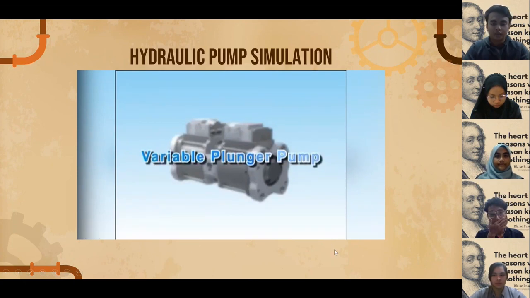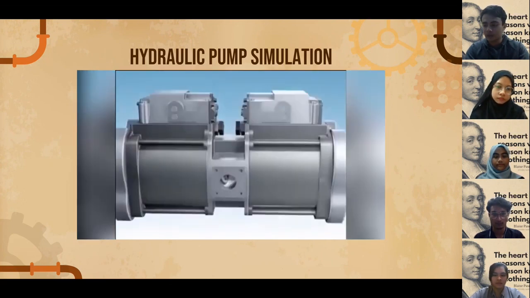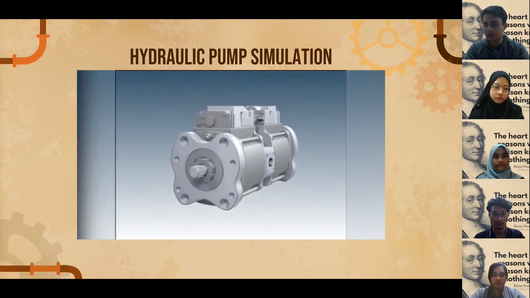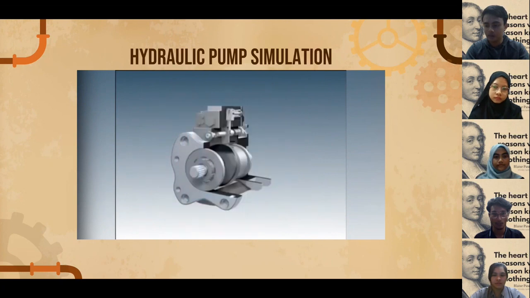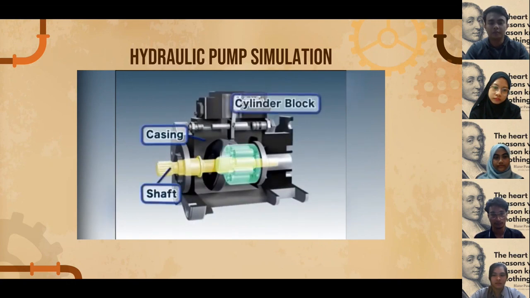As you can see, the variable plunger pump has five components: plunger casing, shaft, swash plate, valve plate, and cylinder block. This video will show you the operation of this pump.